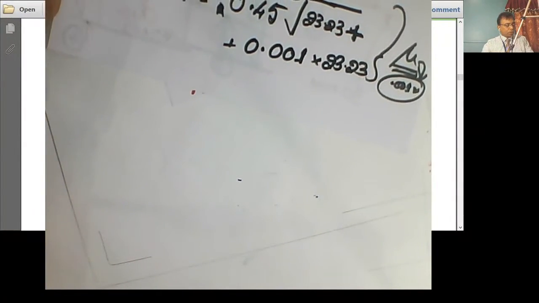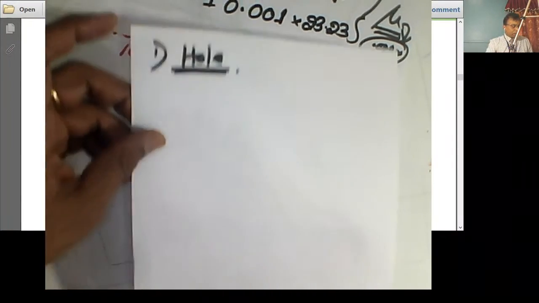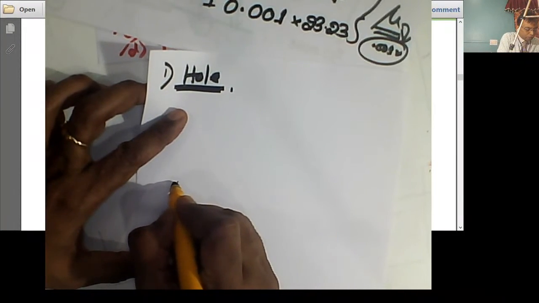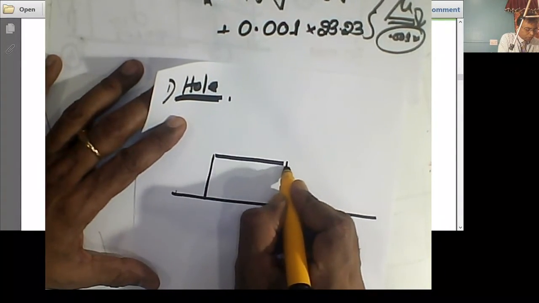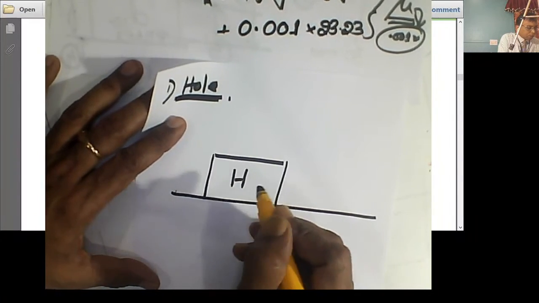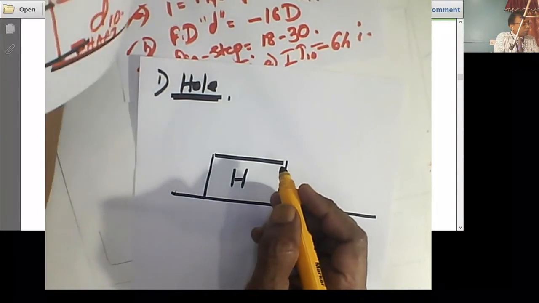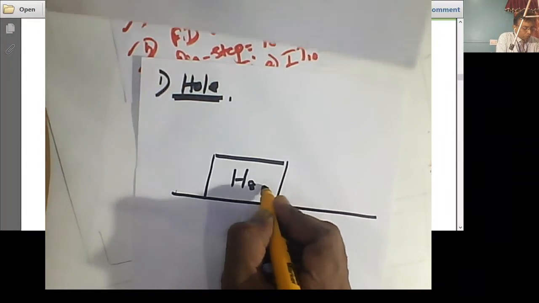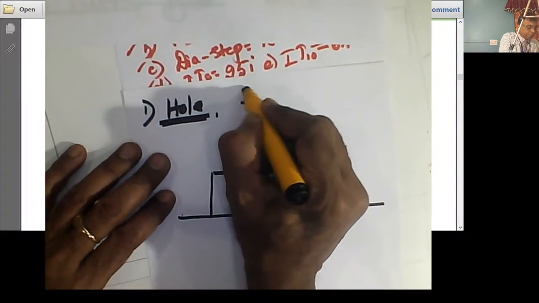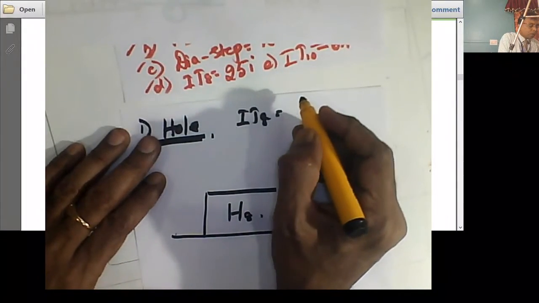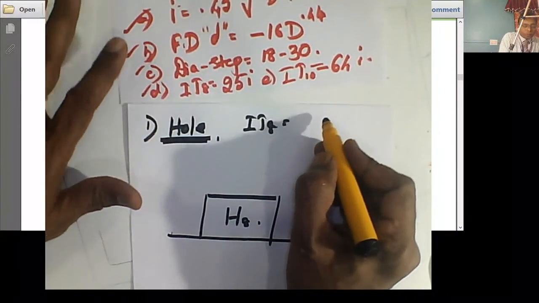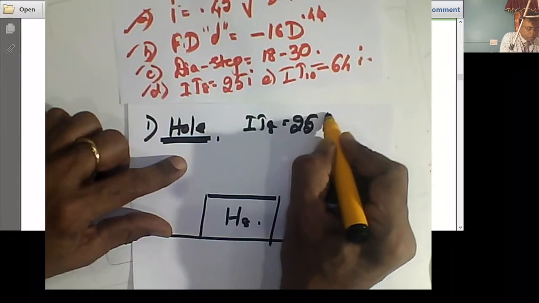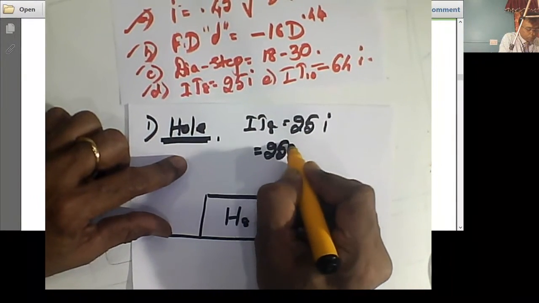Next, continue the problem. Once you know these two steps, the two values of the hole are found straight away. This is given. This is given. The question says EH8. So IT8 is already given as 25i, that is equal to 25 into the i value.